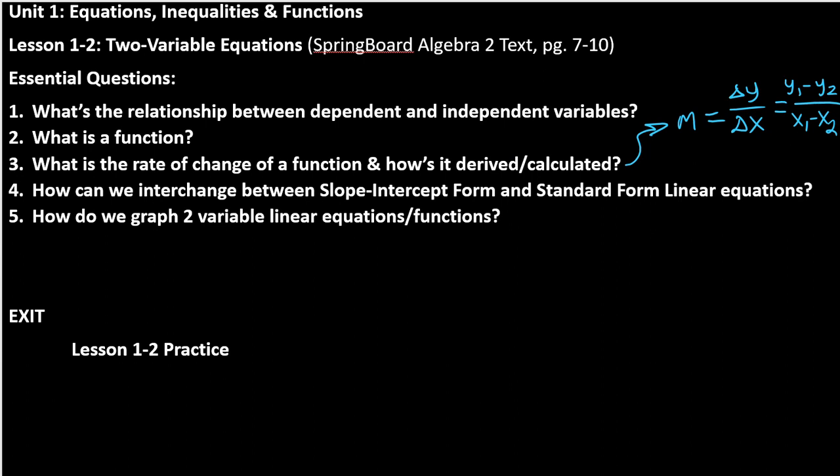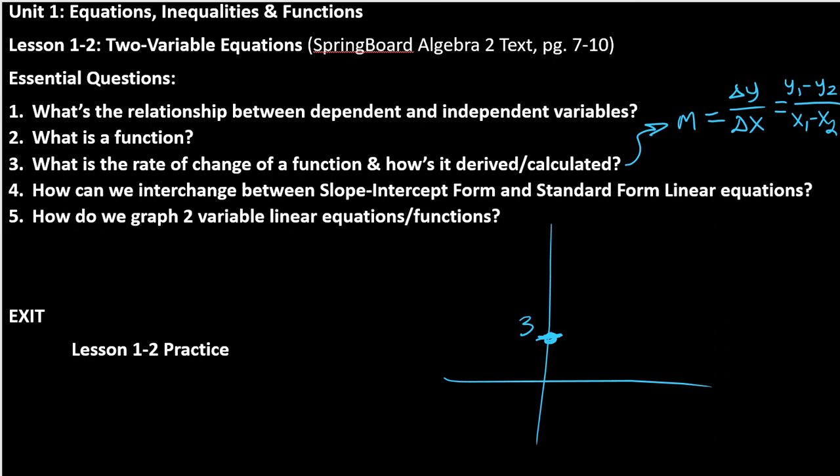Okay, how can we interchange between slope-intercept form and standard form? Just using simple algebra, just reverting, right? And how do we graph two variable linear equations? Kind of difficult to answer that, but you basically just start with your y-intercept, right? So in this case, it was 3.